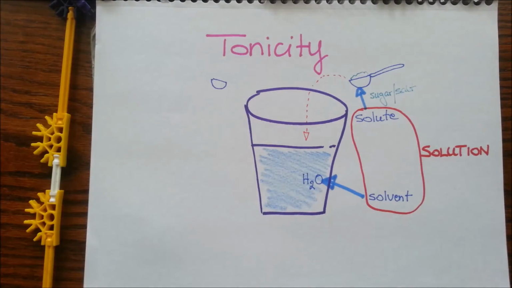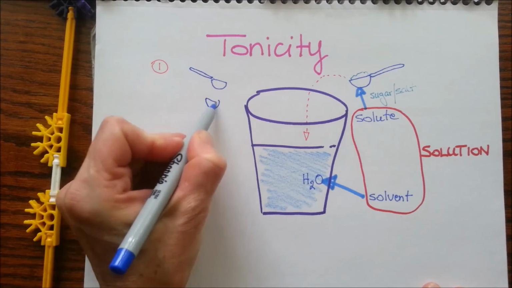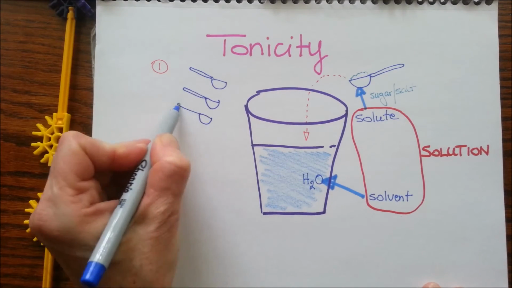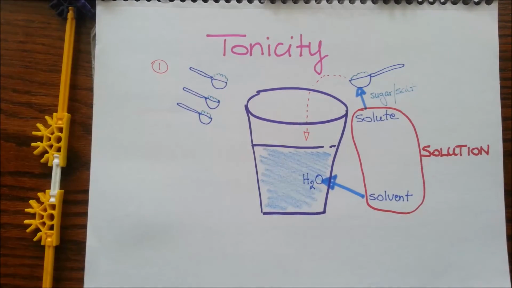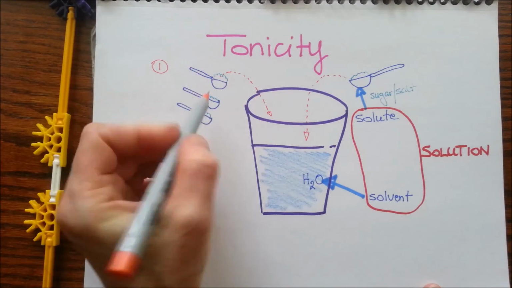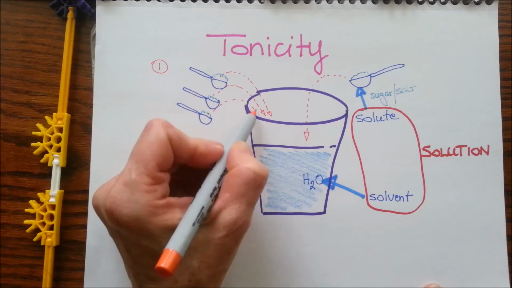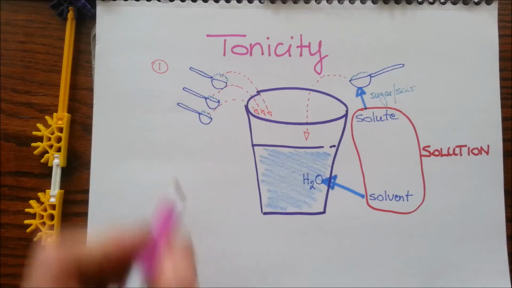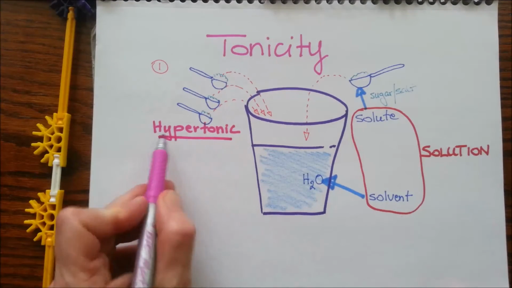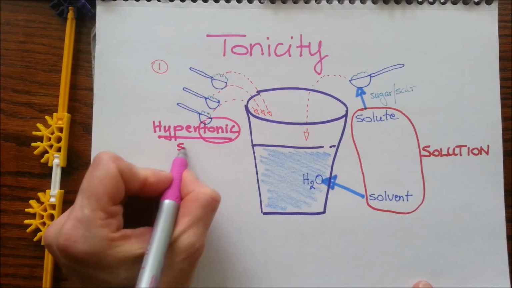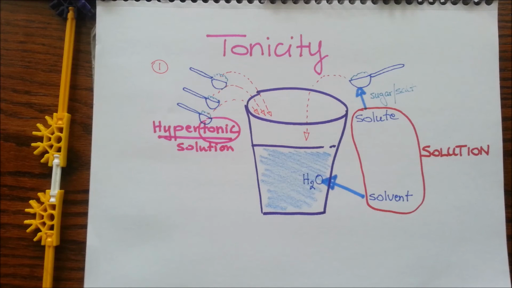In scenario 1, we will add a couple of extra teaspoons of solute, sugar or salt, whatever you think about, to the water, to the solvent, to make a thicker solution, because the solute is more now in the solvent. It's a hypertonic solution.